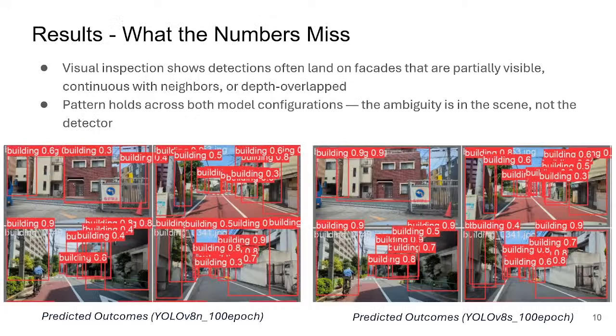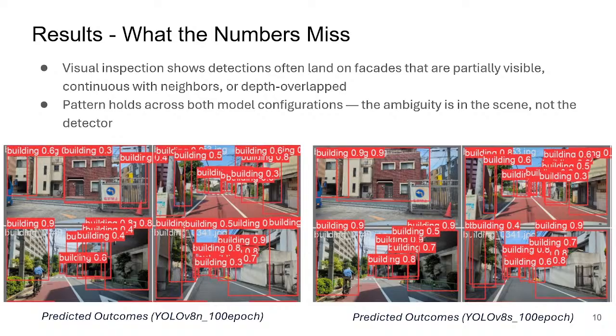However, when we look at the details and perform visual inspection of the predictions, we realize that most of the detections include multiple facades or overlapping facades. You can see the bounding boxes are overlapping.